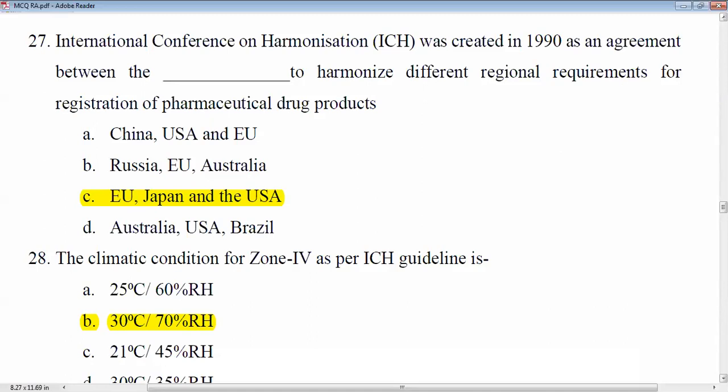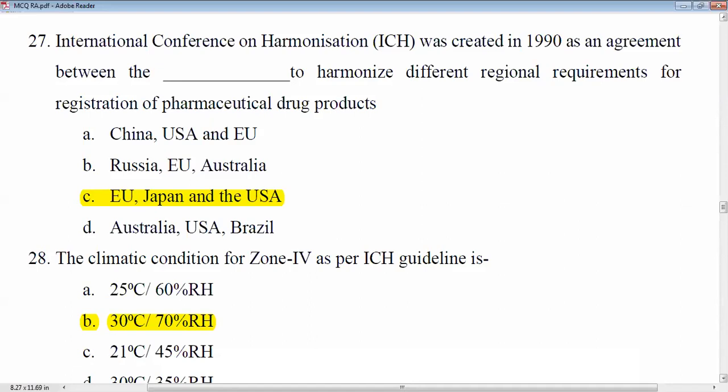The options are A is China, USA, and Europe. B is Russia, Europe, and Australia. C is Europe, Japan, and the USA. And D is Australia, USA, and Brazil.